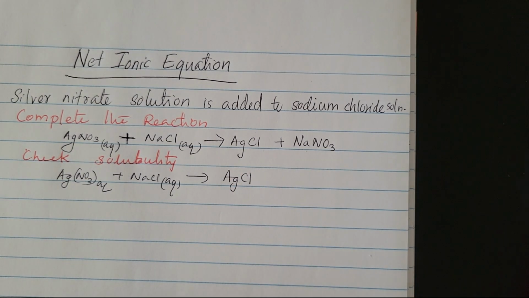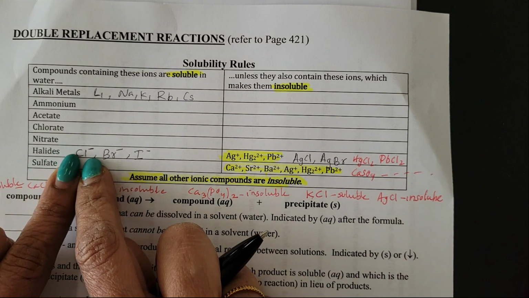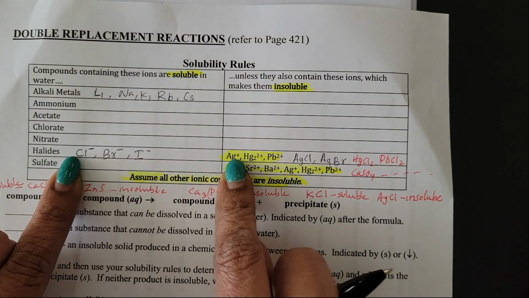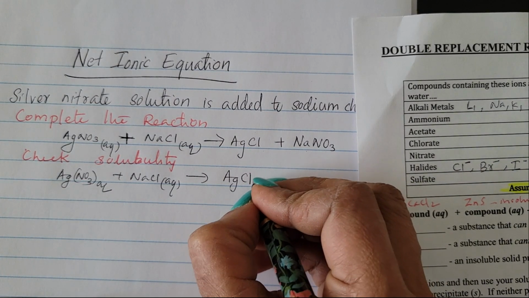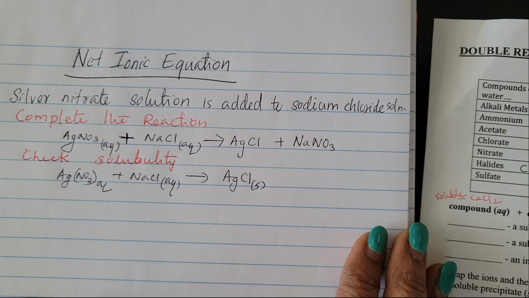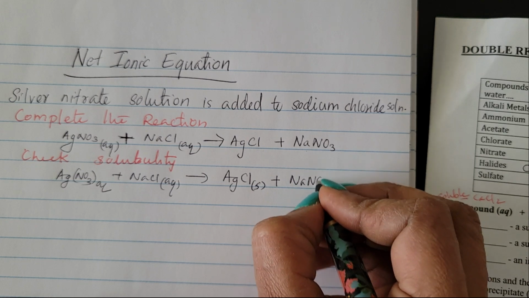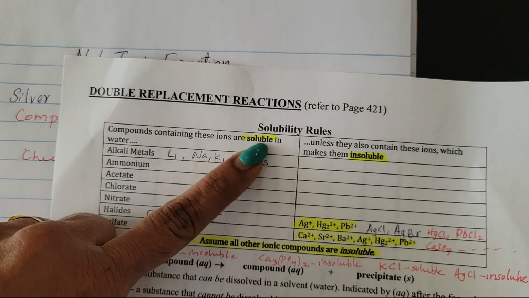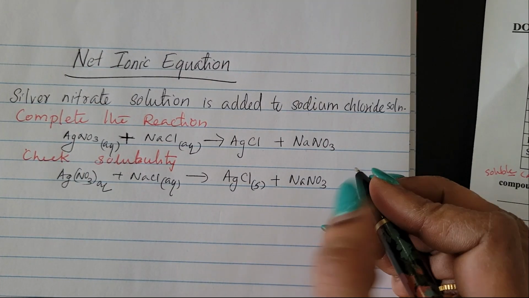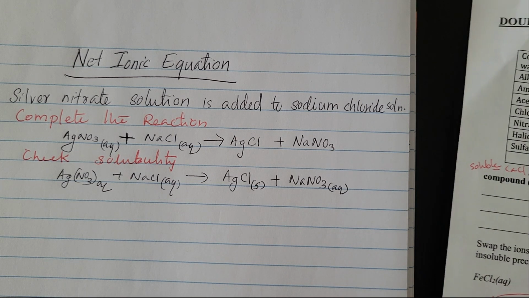And go to your solubility chart. Cl is here. If it is AgCl, that will be what? Insoluble. So write s there. And NaNO3. Now you memorized Na is in group 1, so that will be what? Soluble. So write aq there.